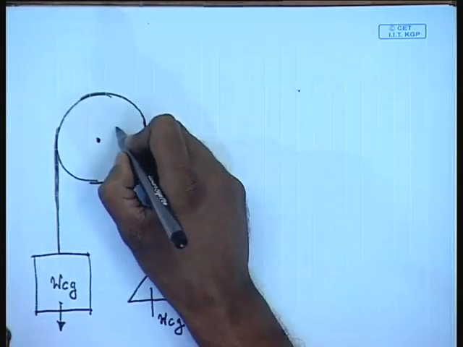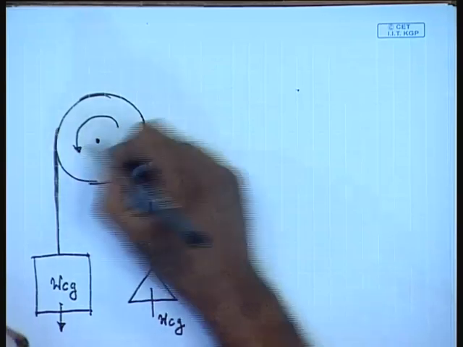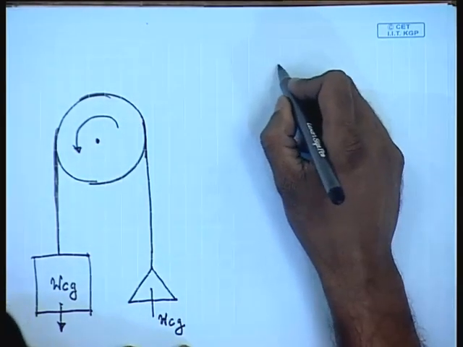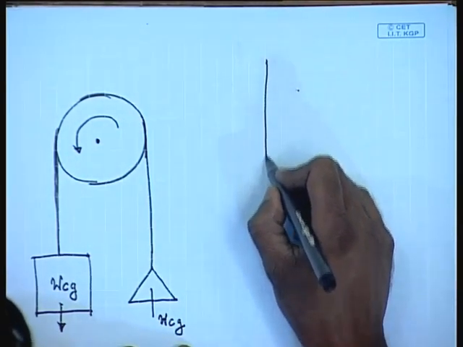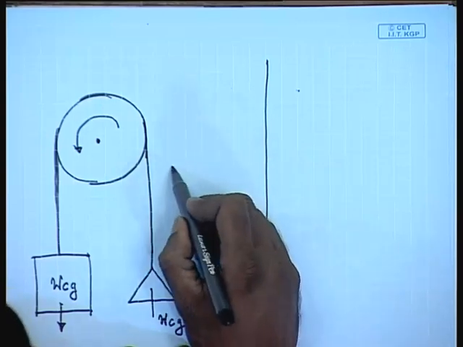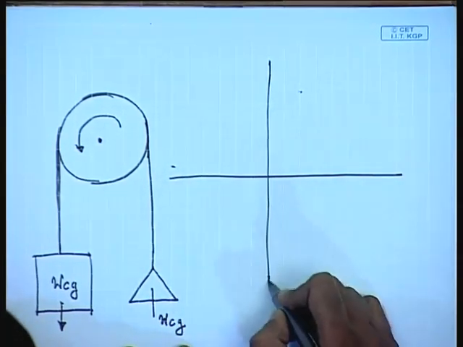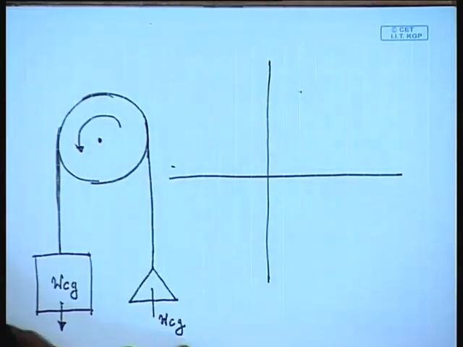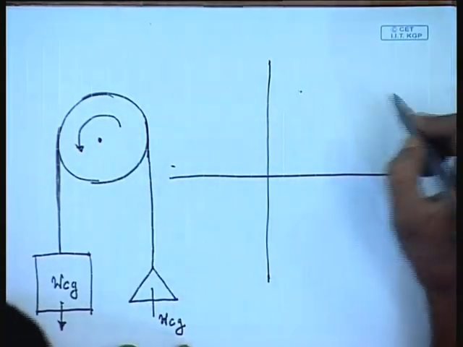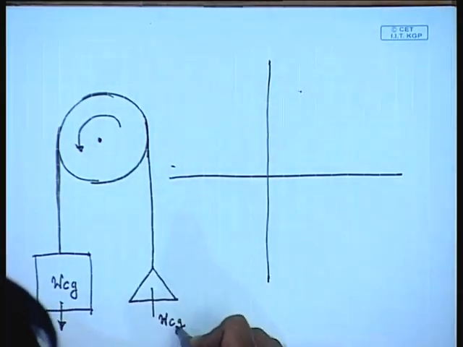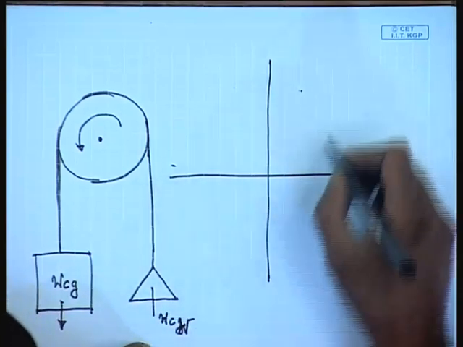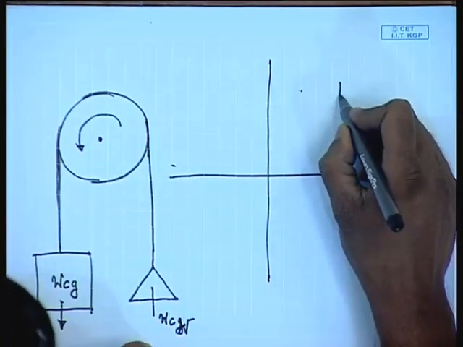The direction of rotation will now be this. However, it is necessary to lower the cage since WCG is now larger than WCW. The load torque is in this quadrant.